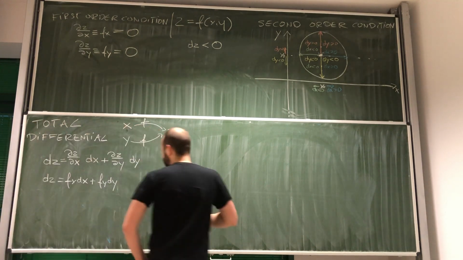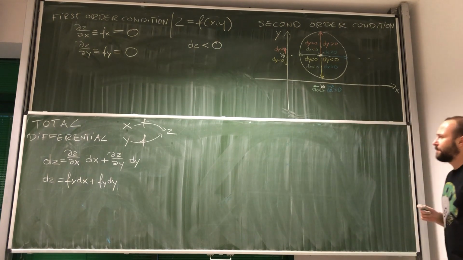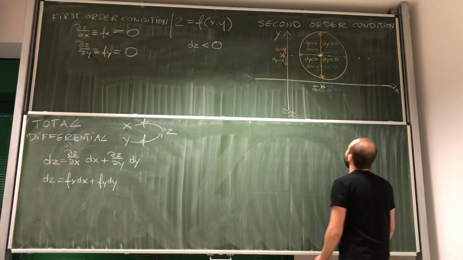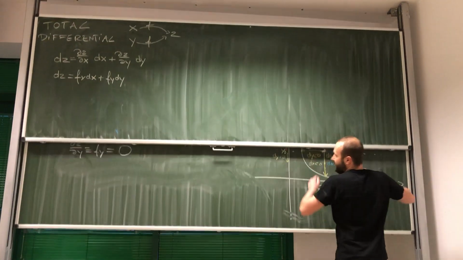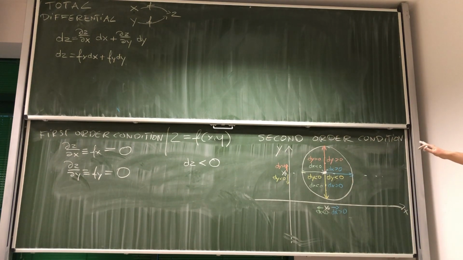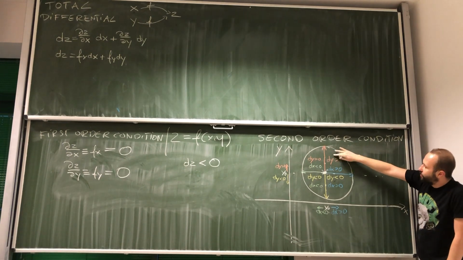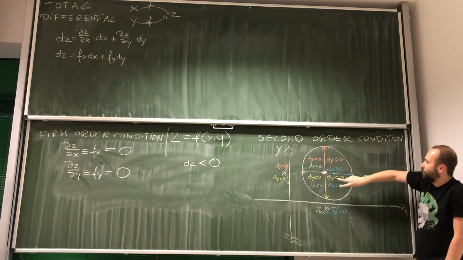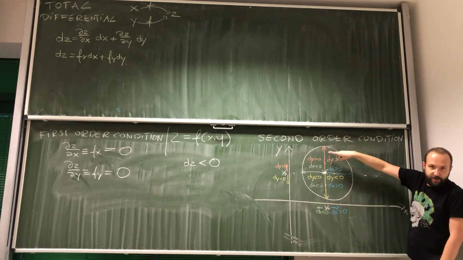Okay, but now, if we look only at this total differential, we will see that there is a problem right away. And where do we have this problem? Look, because here we have a case where dy and dx can be either positive or negative, or each of them can be of the different sign.